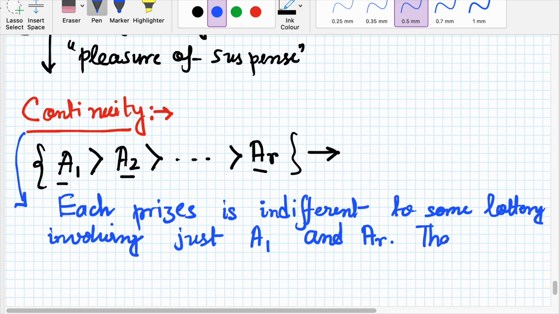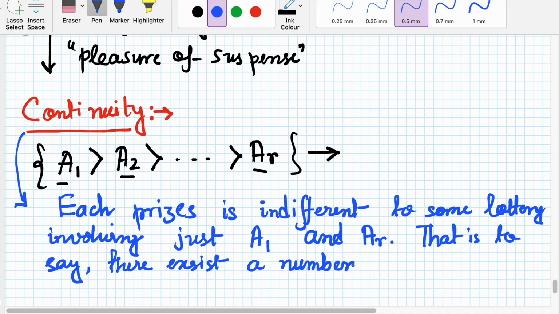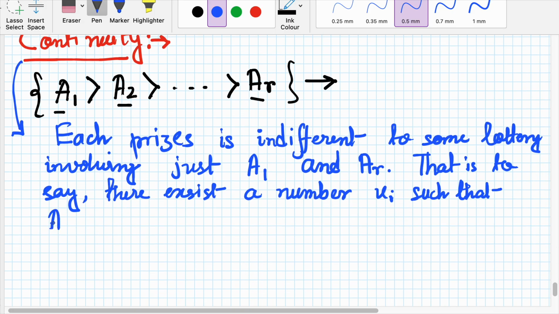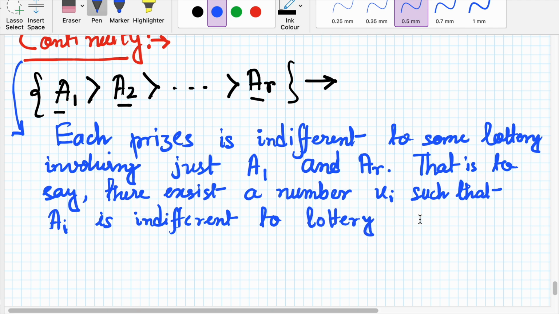That is to say, there exists a number UI such that AI is indifferent to the lottery UI A1, 1 minus UI AR.